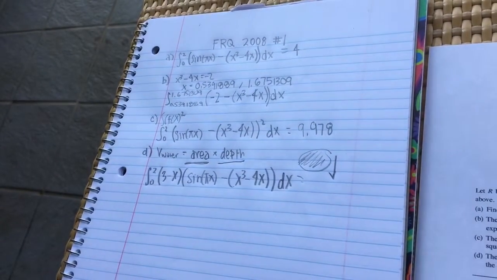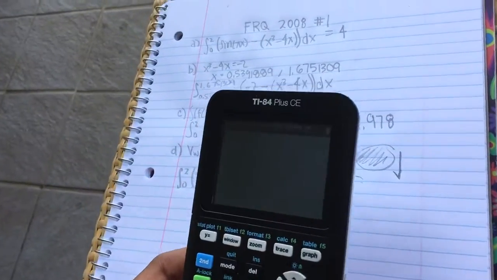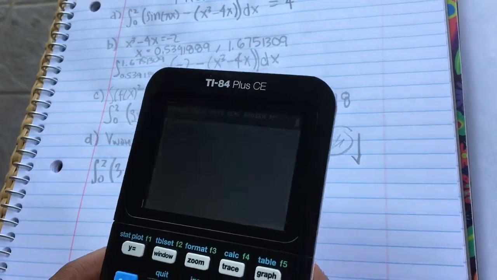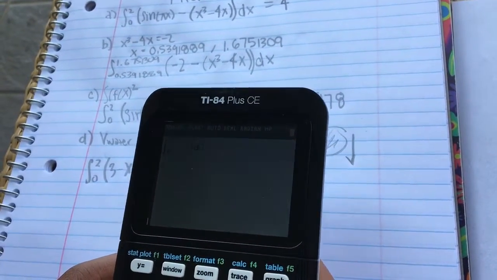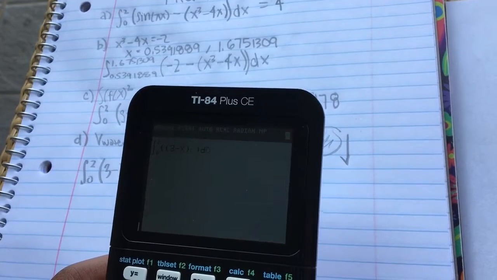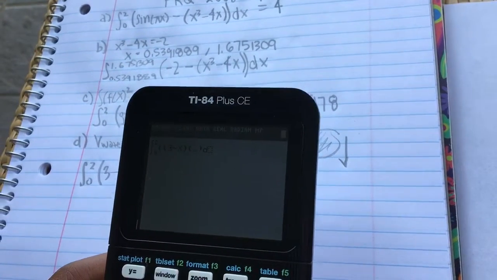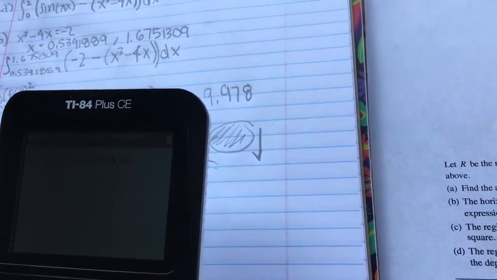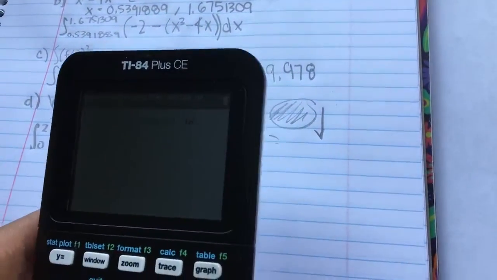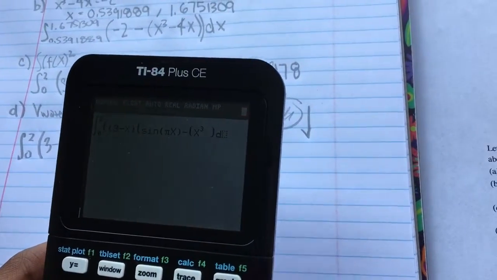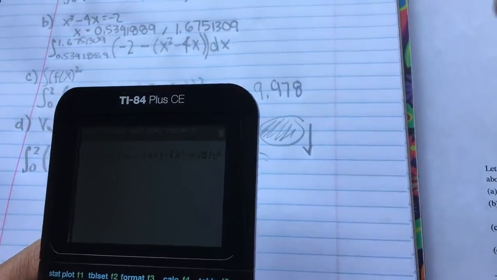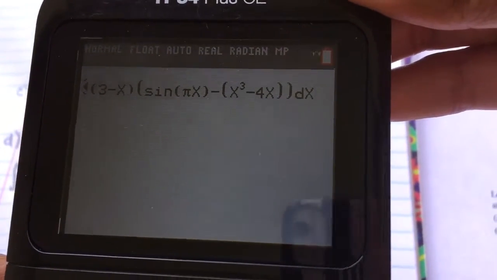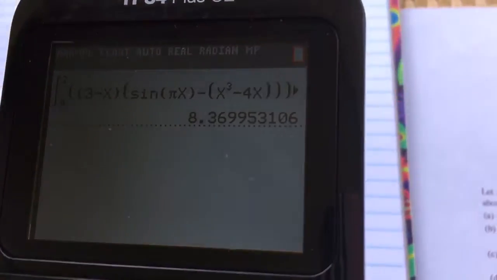So let's put that into our calculator, and we get the integral from 0 to 2 of 3 minus x, times sine of pi x minus x cubed minus 4x, all that dx.